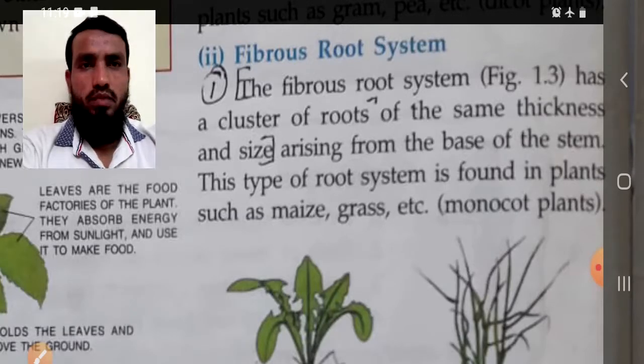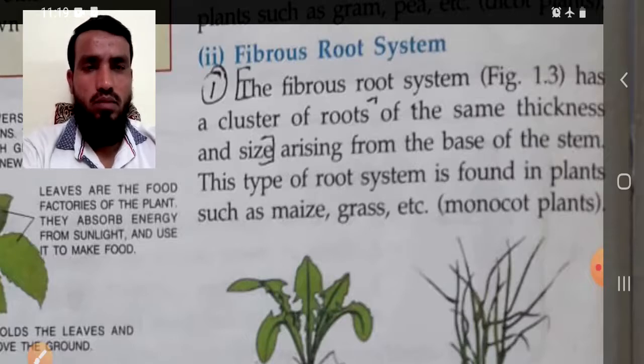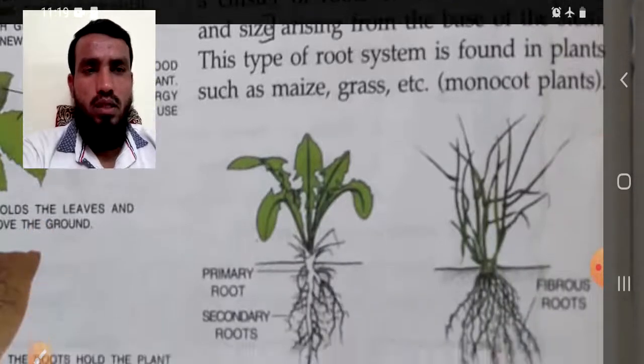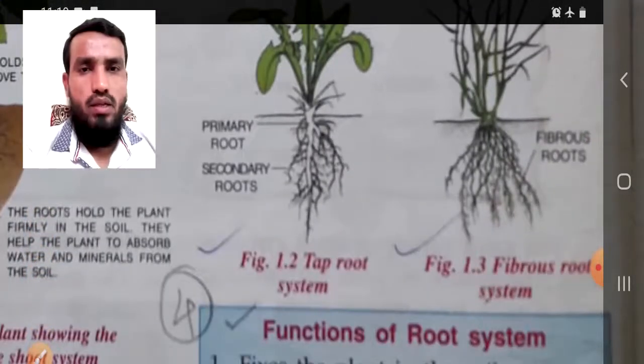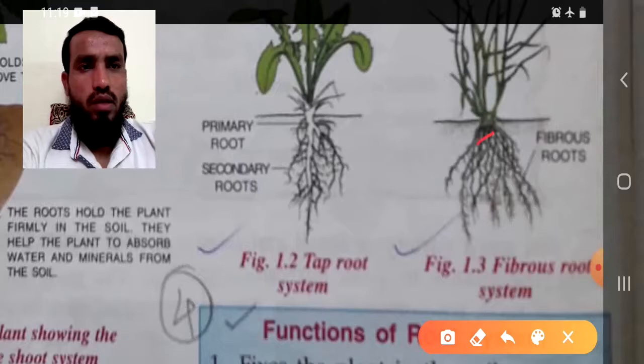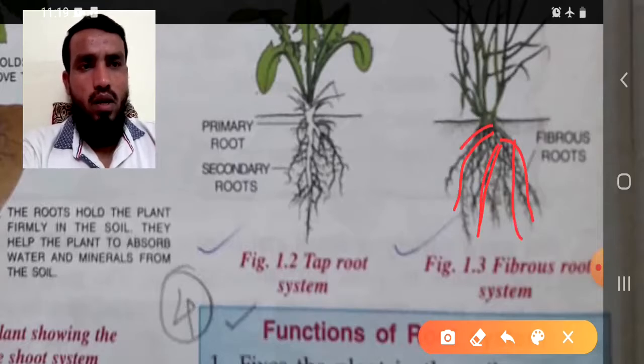Now what is meant by fibrous roots? In the fibrous root system, there is a cluster of roots of the same thickness and size arising from the base of the stem. This type of root system is found in plants such as maize, grass, etc., that is, monocot plants. You can see in the diagram, the cluster of roots has the same length and the same thickness.